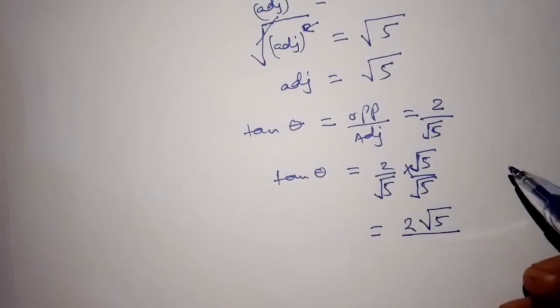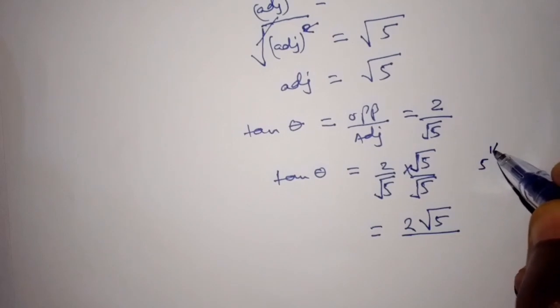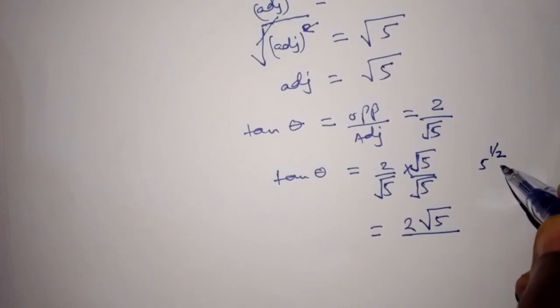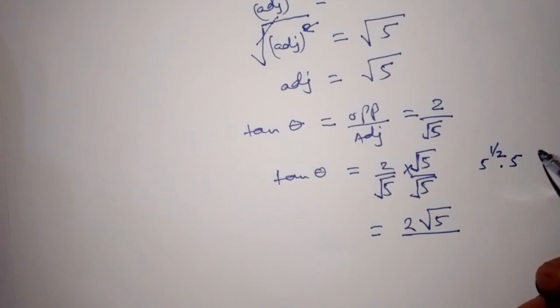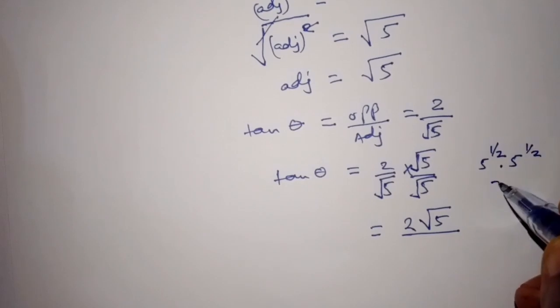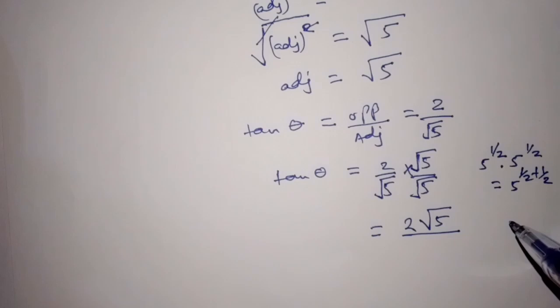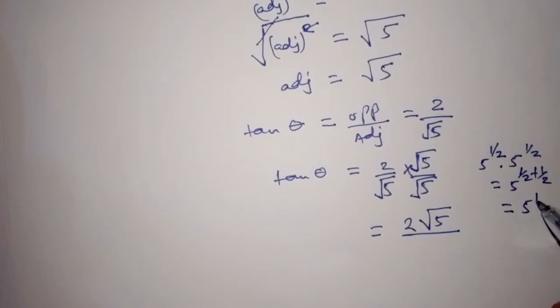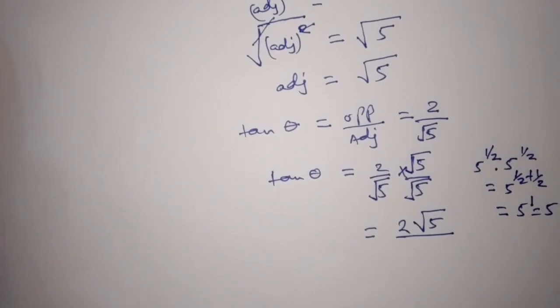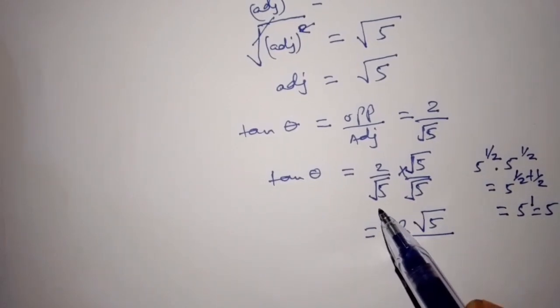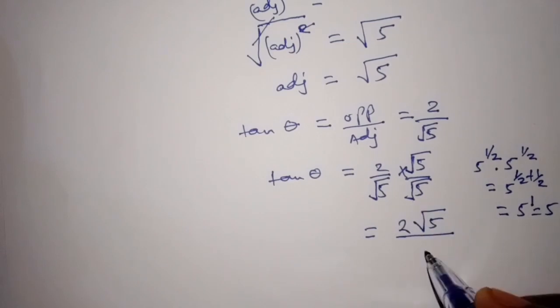Square root of 5 is just like 5 power 1 over 2. You multiply by 5 power 1 over 2, which is equal to 5 power 1 over 2 plus 1 over 2, which is equal to 5 power 1, which is equal to 5. So square root of 5 times square root of 5 is 5.